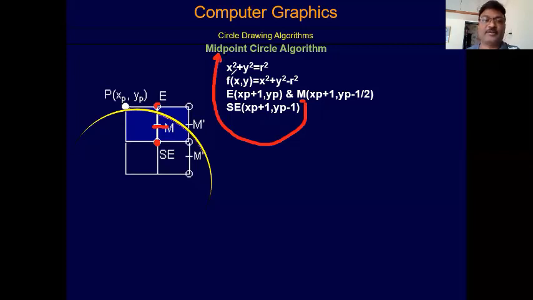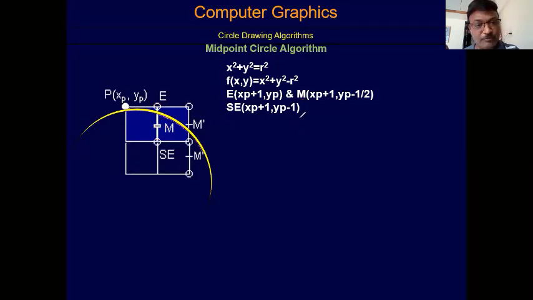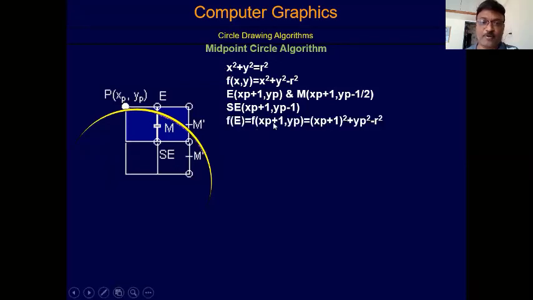Now, once you calculate these E coordinates and M coordinates, I am going to put all the coordinates into my equation of the circle. So, what is the equation of the circle? x square plus y square minus r square. Okay. Now after putting this point, see what happened. So E becomes f of xp plus 1, yp. So (xp plus 1) whole square plus yp whole square minus r square, because this is supposedly on the circle.